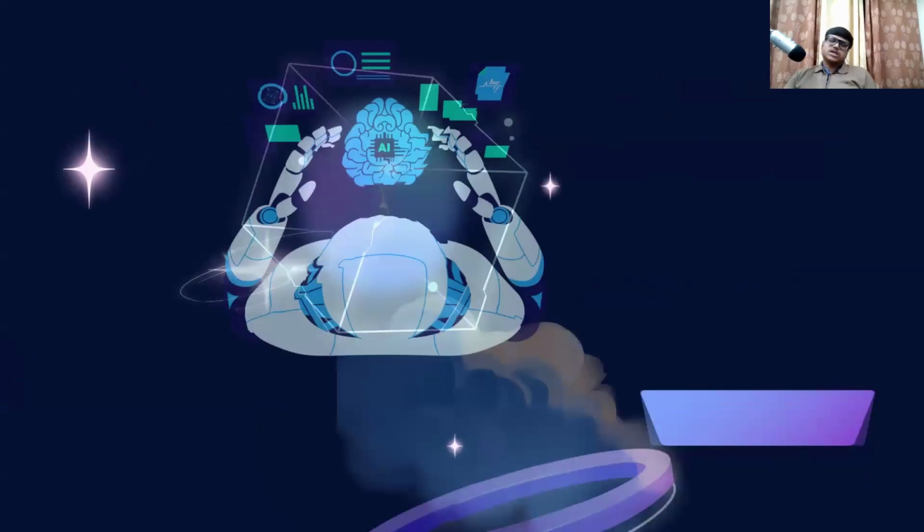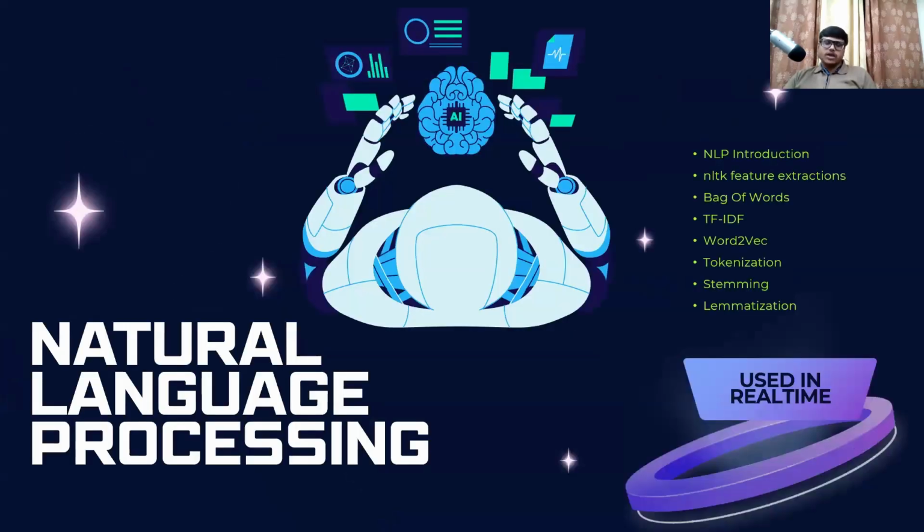And then natural language processing. NLP is very, very important for your AI and GenAI model development, because LLM is a part of NLP. So you must know the NLP interfaces, and NLTK is a library with features like bag of words, TF-IDF vectors, Word2Vec references, tokenization, stemming, and lemmatization. These are all NLP concepts. This will help you categorize your data and send it to your AI model on the basis of tokenization.